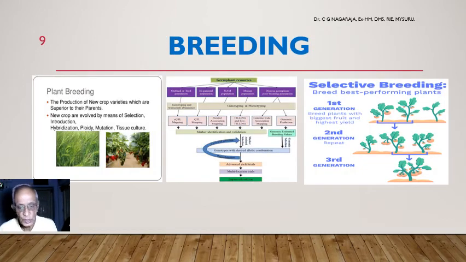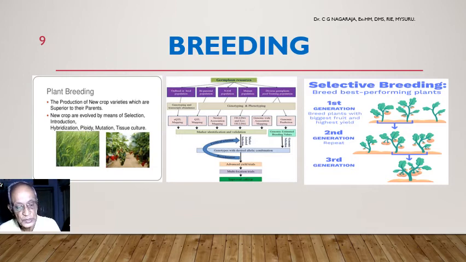I have just shown 3 images in which we say that selective breeding takes place, that is the test is done first, and they get the second generation, and the third generation, like that. So from every stage they select the plant, and these plants are again tested and evaluated until they are very sure they get a pure line.